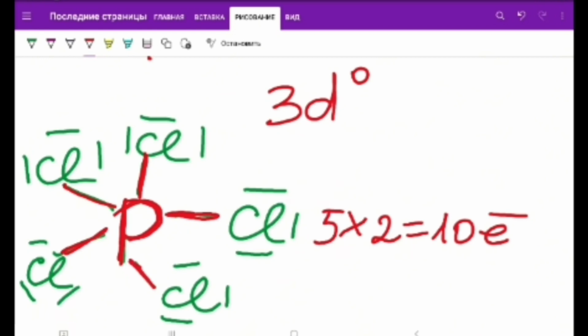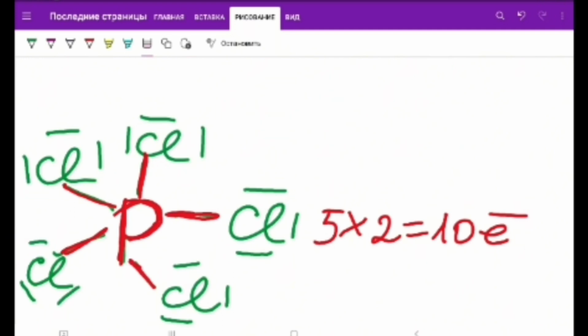That's why we don't consider only 3s2, 3p6 and overall 8, but we also consider 3d0, which is also empty and can take more electrons and create more bondings and more electronic pairs. This is why elements of the third period, which have an empty 3d subshell, can have more than 8 electrons around them. So the octet rule is not followed.